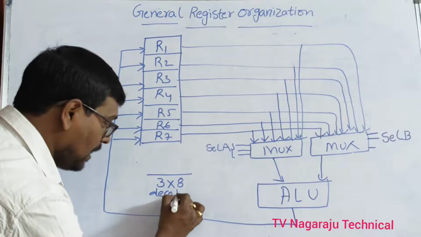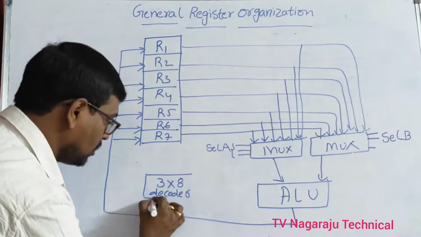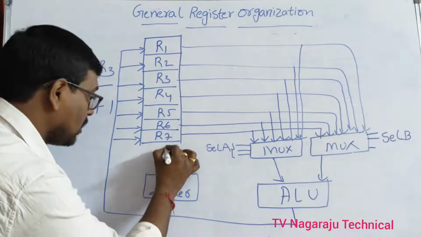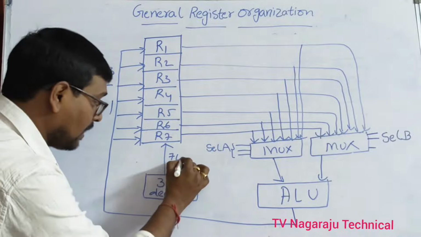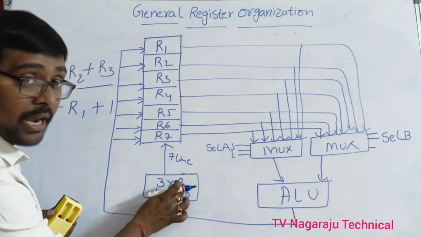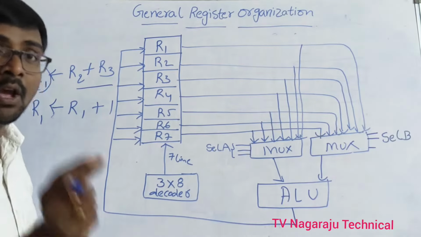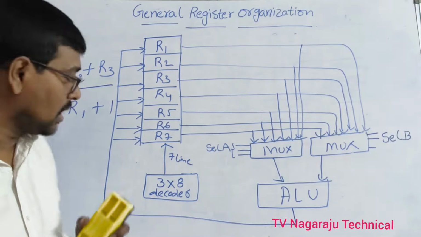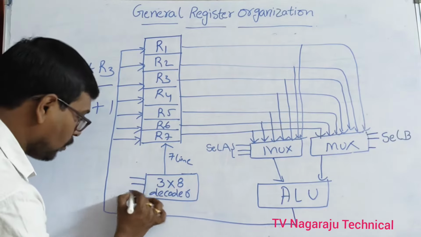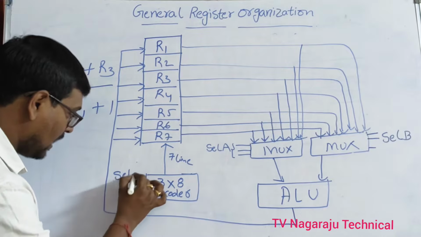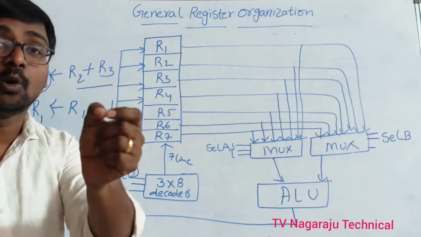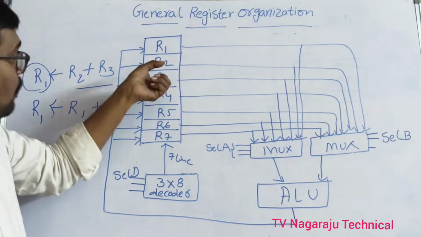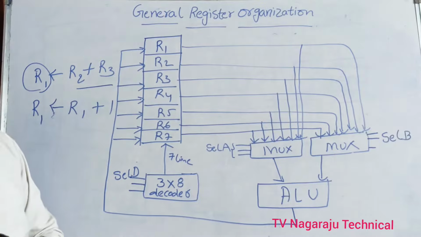For that reason, what am I using? A 3 by 8 decoder is used. So 3 by 8, these are 7 lines. Instead of 8 outputs, we have only 7. One is reserved for some external input. Here we are using SELD, the selection of the decoder, that is, to which output register we need to place the value.